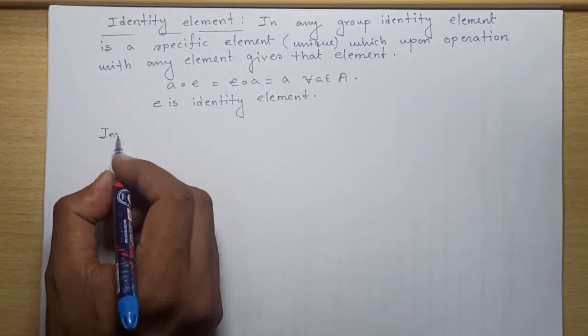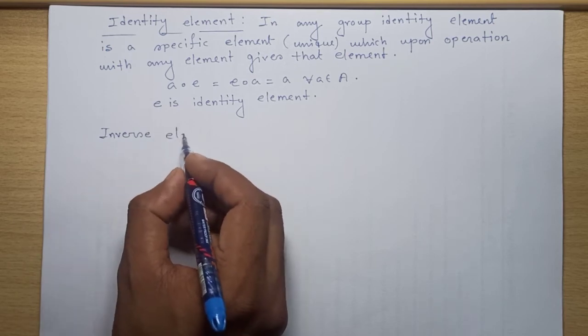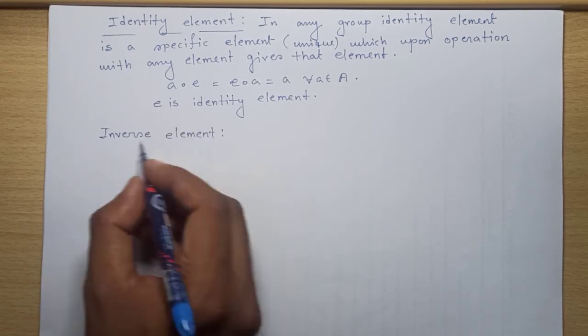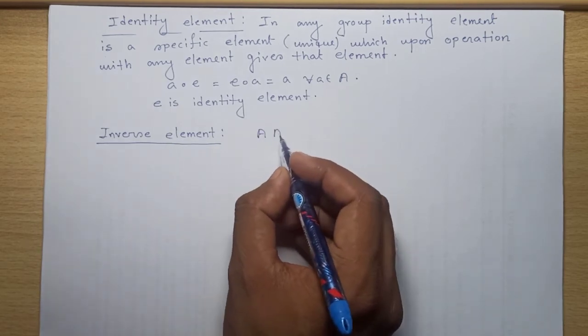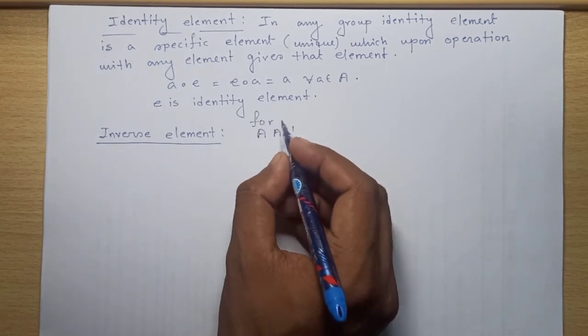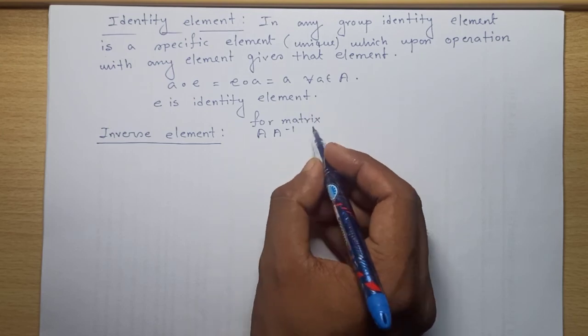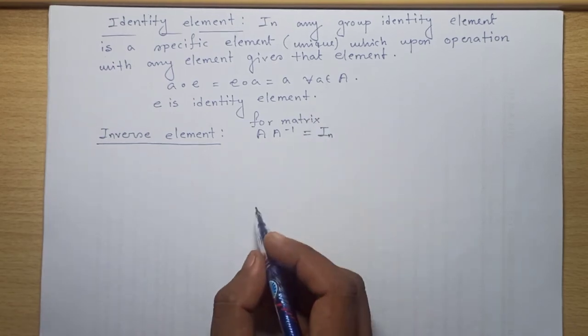And what is the inverse of an element? It is analogous to the inverse of a matrix. We know that A inverse of a matrix equals I_n, that is the identity matrix.